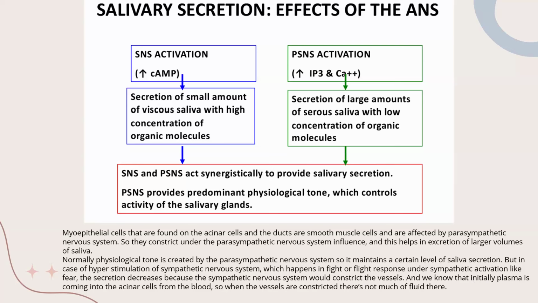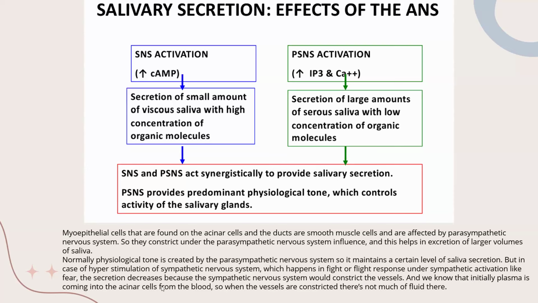So if these vessels were constricted, less plasma would come into the acinar cells from the blood. So we will not have much fluid there. So the saliva isn't secreted as much in fear or whatever stimulus that causes the sympathetic activation to override.